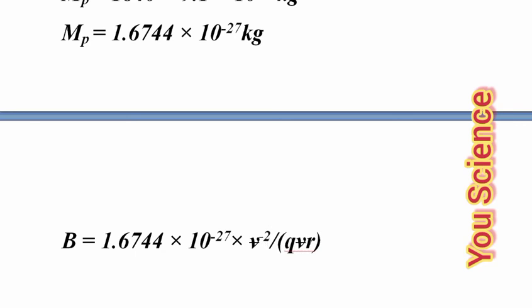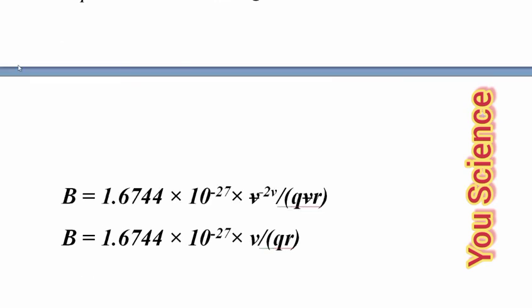So this whole equation becomes B equals the mass of the proton times V divided by Q and divided by R.